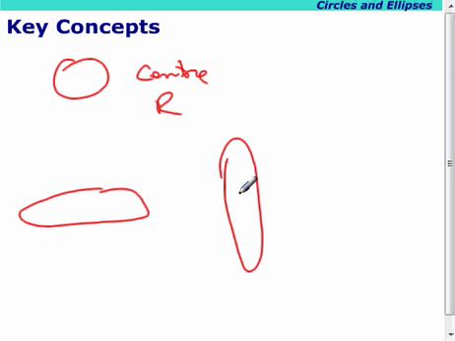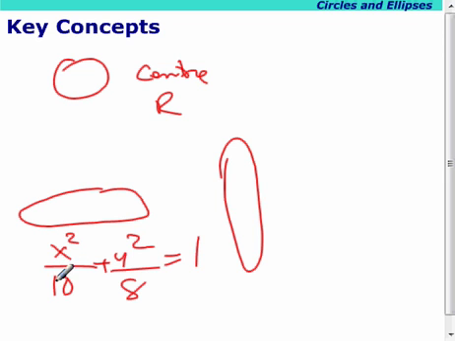Each of those would have an equation that defines them. For example, this one might be x squared over 10 plus y squared over 8 is equal to 1. Notice the larger number underneath the x squared. And this one, the larger number would be under the y squared. Okay, so try some of the questions, and if you have problems, contact your instructor.